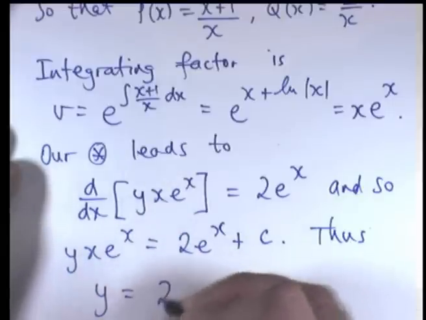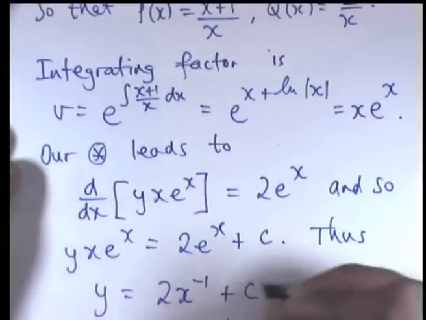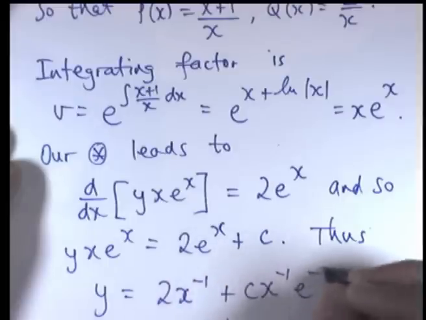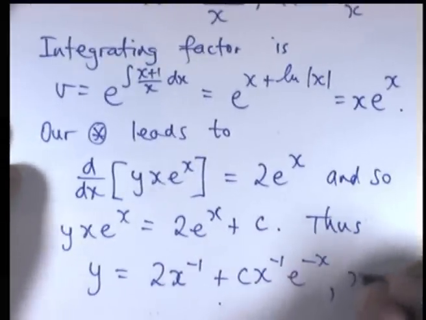I'm going to get 2x to the minus 1 plus cx to the minus 1 e to the minus x. I did that one slightly quicker, just to illustrate the main points.